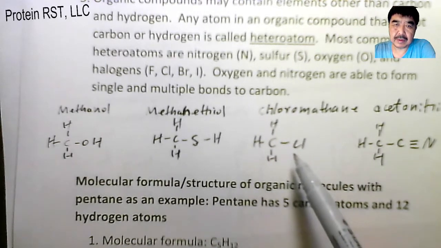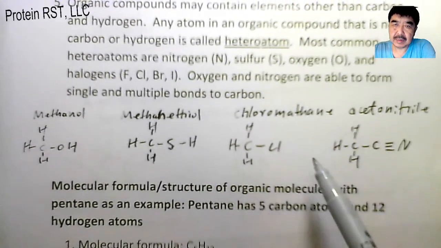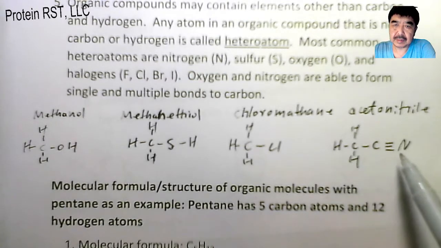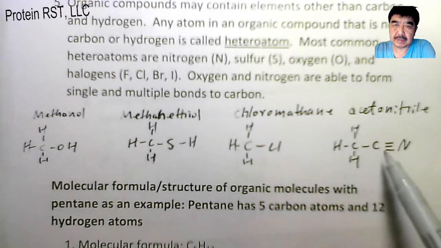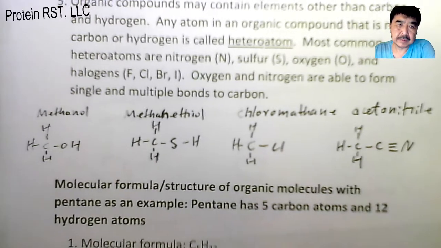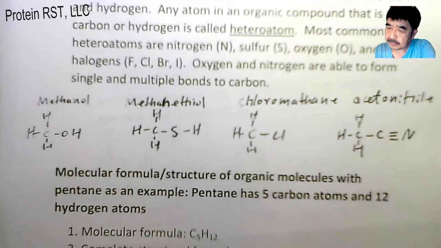Chloromethane has one chlorine here, and the last one is acetonitrile. Acetonitrile has nitrogen, and you can see nitrogen forms a triple bond with carbon. This covers the characteristics of organic compounds.